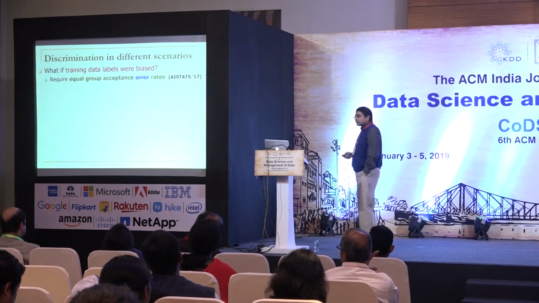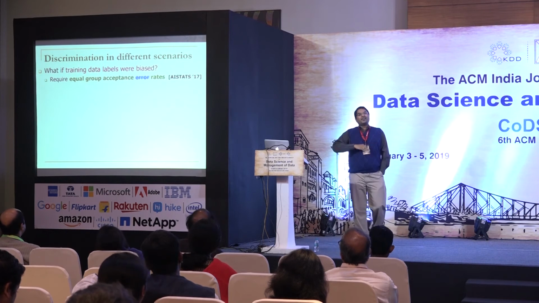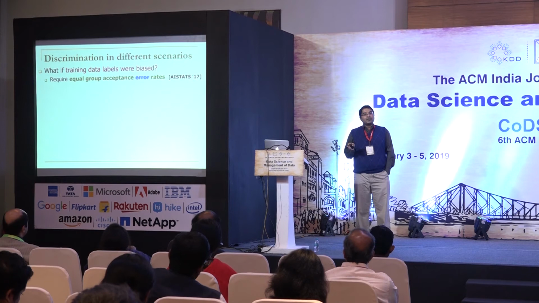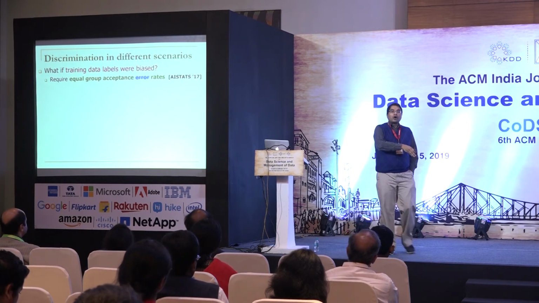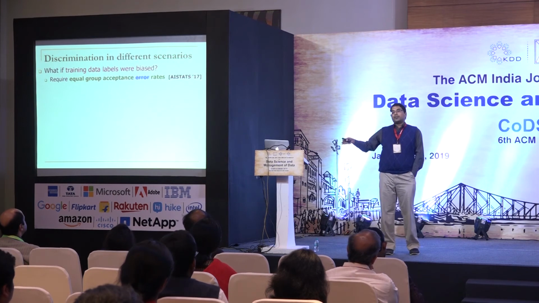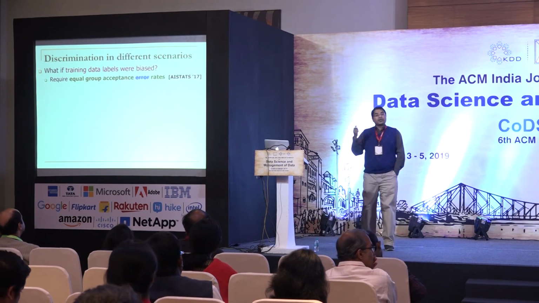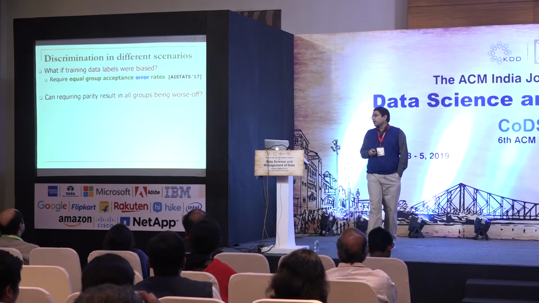In that situation, you might want to require a different type of equality, which is the equality of acceptance rates, not error rates. That means what fraction of people from one group got selected versus what fraction of members of the other group got selected. But this would, of course, require you to rewrite the fairness constraints in a very different manner.